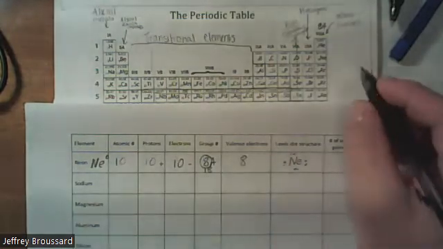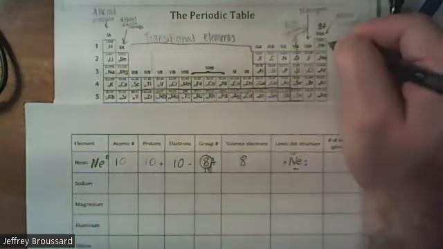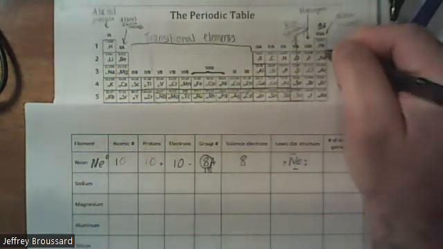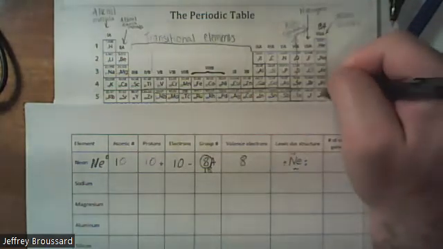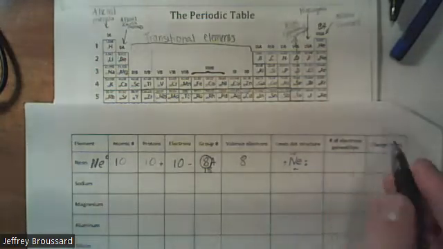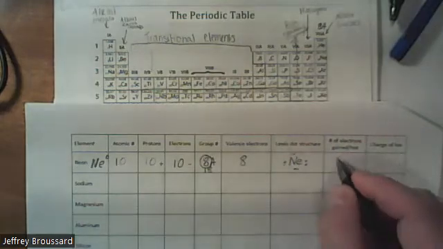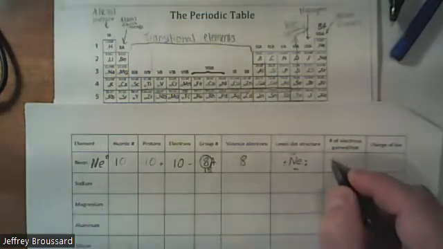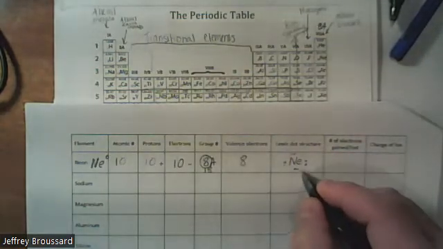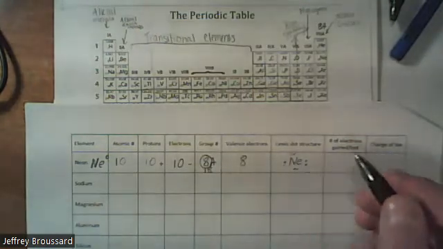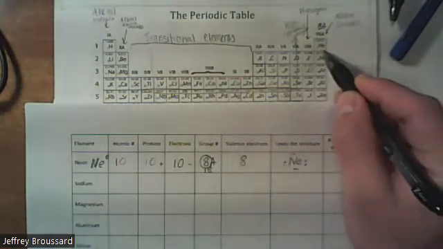Because this is a noble gas, these are the noble gases, they do not react very easily at all. So in order to become electrically stable, they don't need to gain or lose electrons because they're already electrically stable with 8 valence electrons, or the exception 2 for helium.